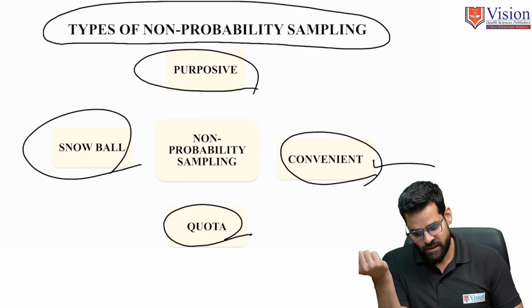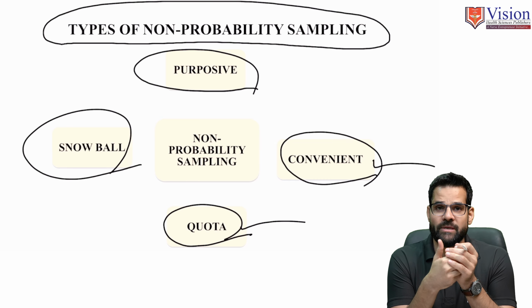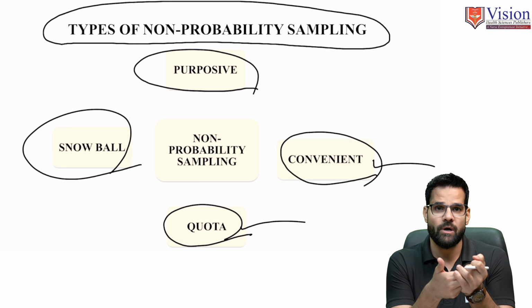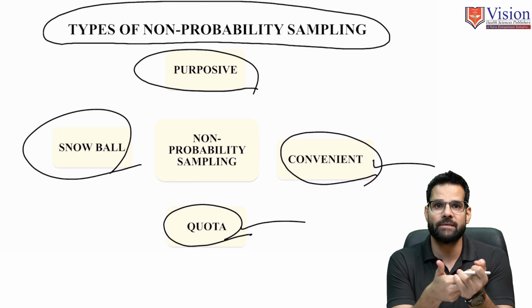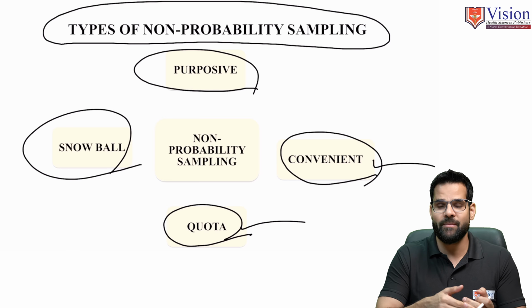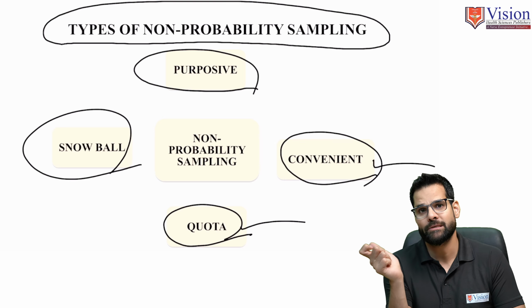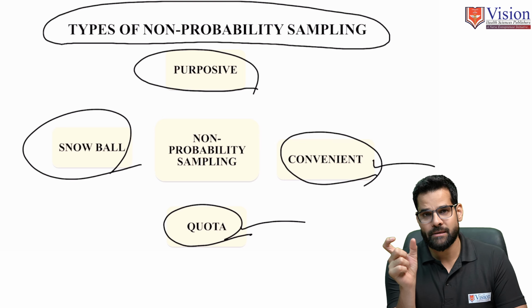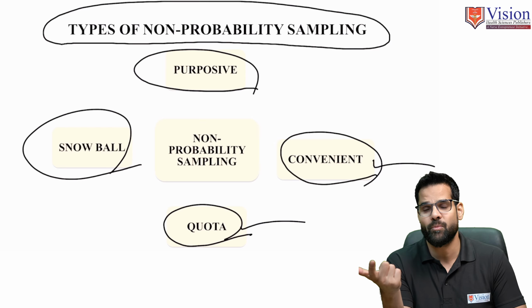That is convenience. Quota sampling is where you want to make sure, for example, that 20% of my sample should be girls, so I'll make a quota of 20% for girls, or I want to ensure representation of a specific population.